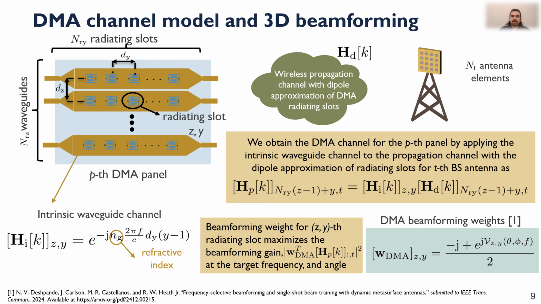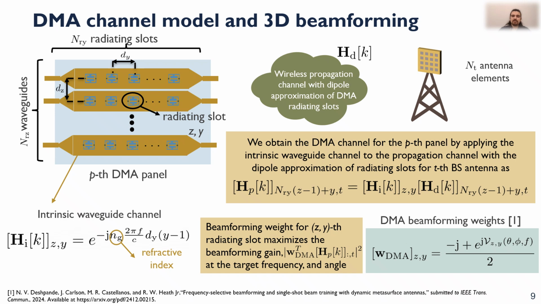The wireless propagation channel is modeled through dipole approximation of DMA radiating slots. In addition to the wireless propagation channel, the electromagnetic wave travels through the waveguide in electric current, and it creates an intrinsic waveguide channel. The model is given below.